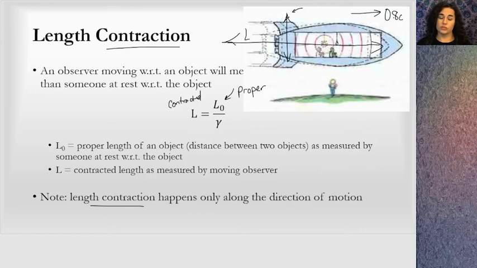I find students have a hard time identifying the proper time or length and then the contracted length or the dilated time. They can really struggle identifying what is the proper and what is the dilated or contracted. And this is my tip to you: the proper is always measured at rest with respect to the event. So you ask yourself, who is at rest with respect to that thing? And that's the proper time or length.